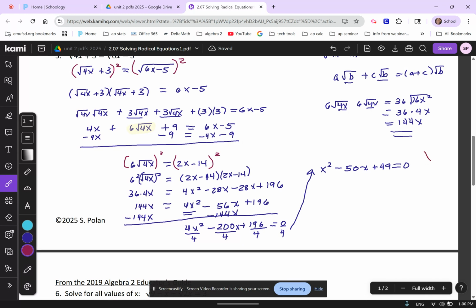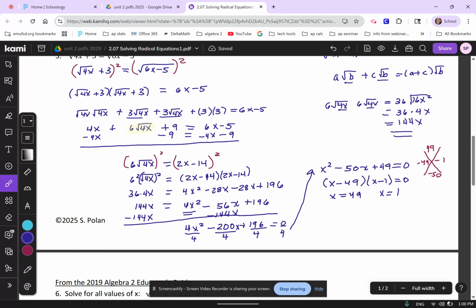And now we look for two factors that multiply out to 49 and add to negative 50. And those factors are negative 49 and negative 1. And we get x minus 49 times x minus 1 equals 0. This becomes x is equal to 49 and x is equal to 1.